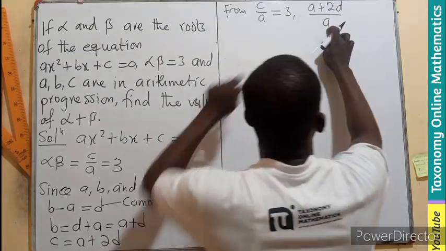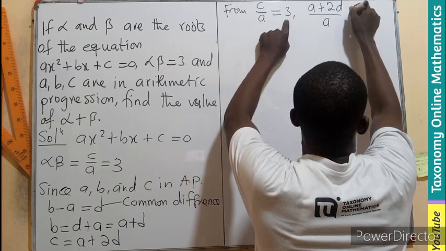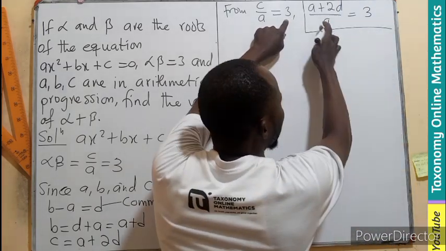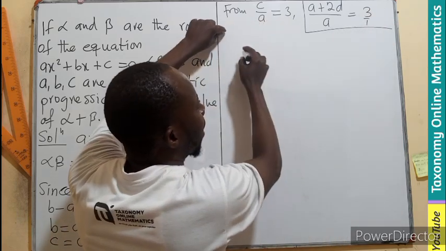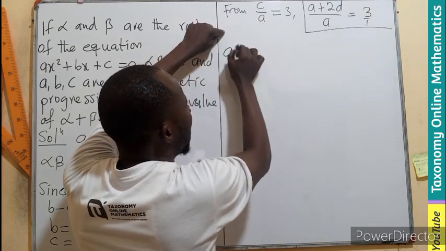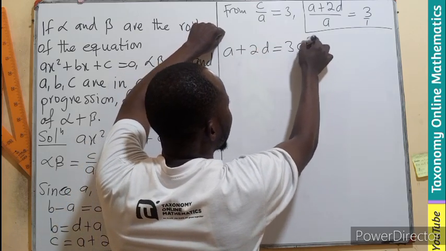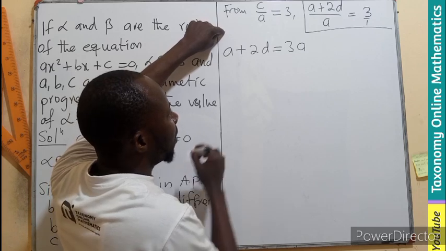So this is representing c over a, and that should equal 3. So we can solve this as an equation, cross multiplying. I should be having a plus 2d equals 3a. Is that not it?